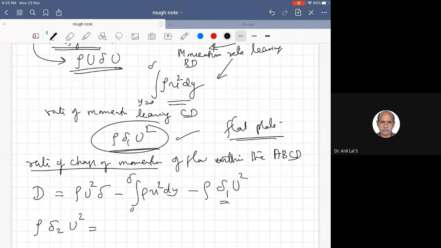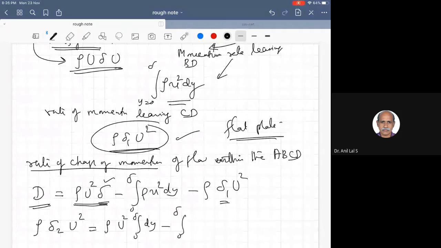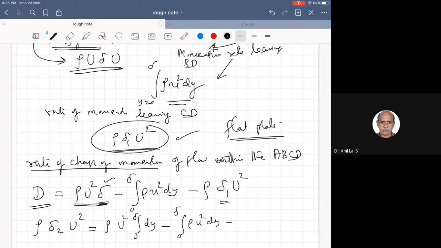Equate this with the rate of change of momentum of flow within the control volume ABCD. We make a mathematical adjustment in writing this: we take rho and U squared, and delta can be written as the integral from 0 to delta of dy. So everything can be put inside the integral, 0 to delta rho u squared dy, minus rho U squared into delta 1 as an integral expression, 0 to delta of 1 minus small u by capital U dy, so that everything comes in an integral.